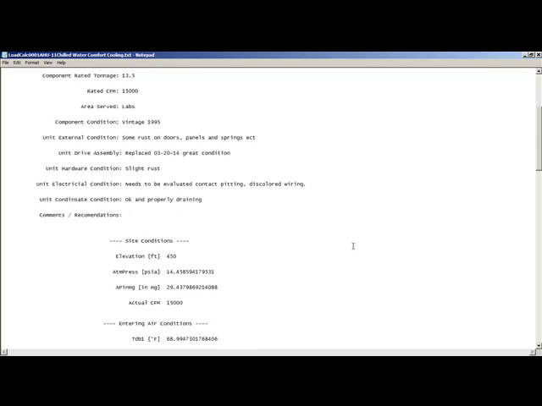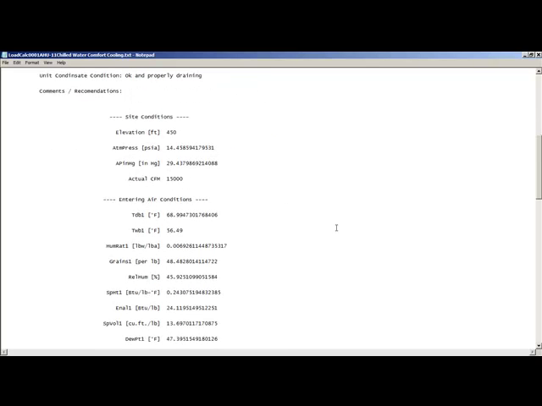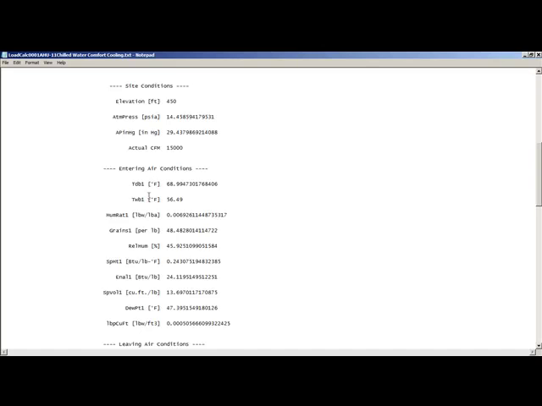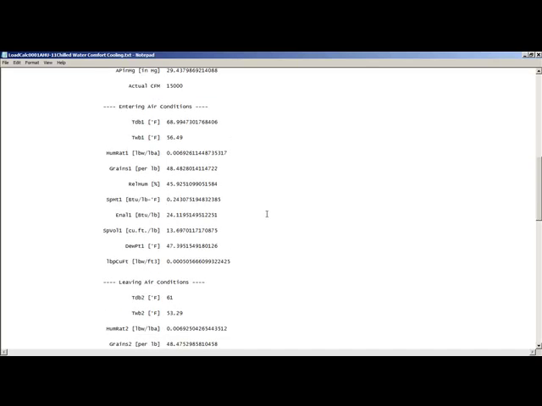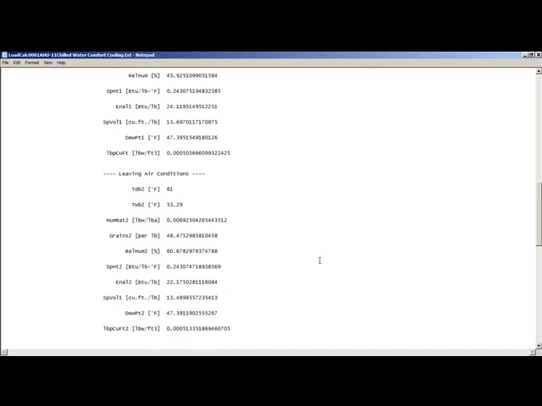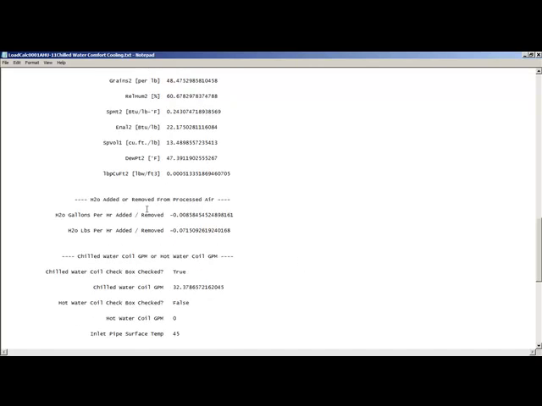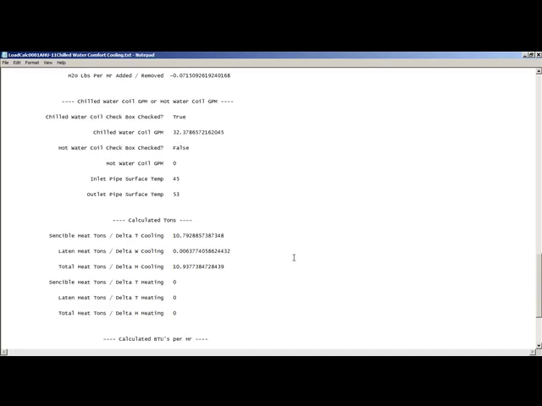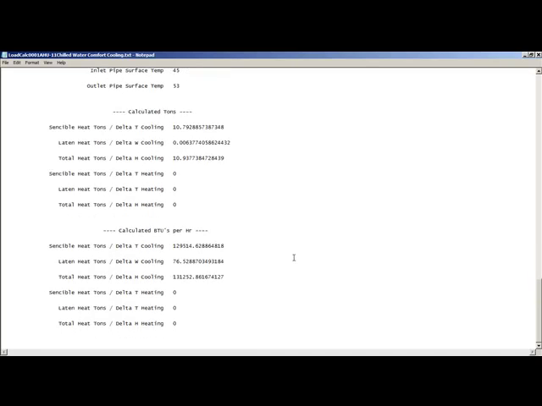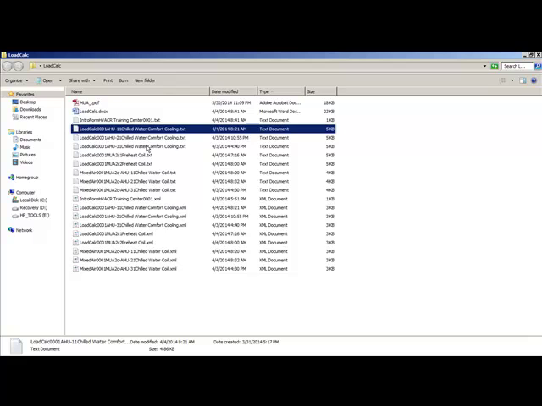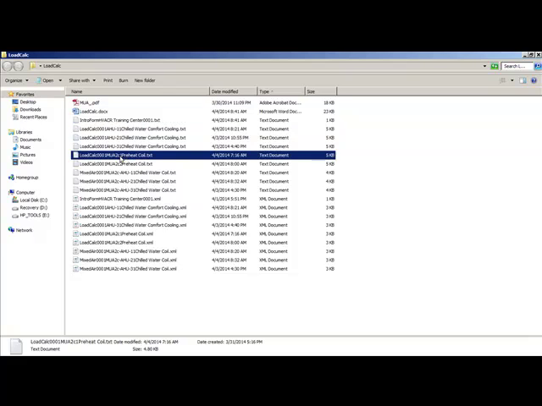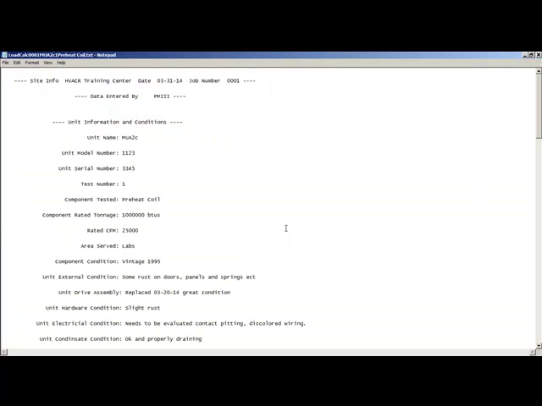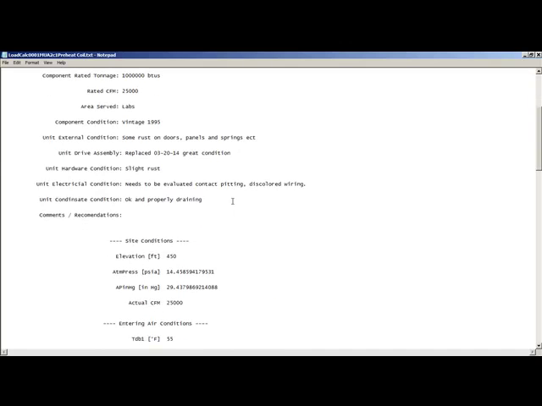So we got some equipment conditions. We have our site conditions, elevation. We have all our entering air, psychrometric conditions, leaving air, HTO added or removed, chill water coil, GPM, calculated tons, and BTUs. We have that for all our units. We have the preheat coil data as well.